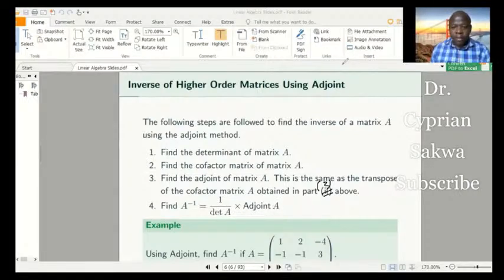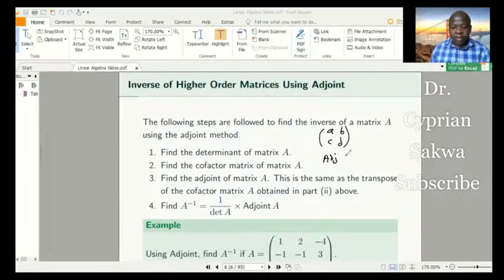Let me remind you how to find the adjoint of a 2 by 2 matrix. So if I have a 2 by 2 matrix A, B, C, D, what is the adjoint of this matrix? I'll abbreviate it as adjoint.